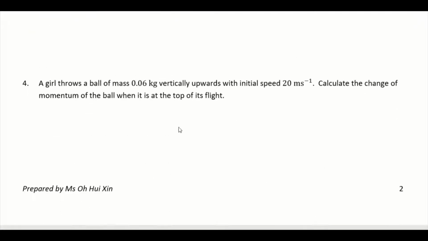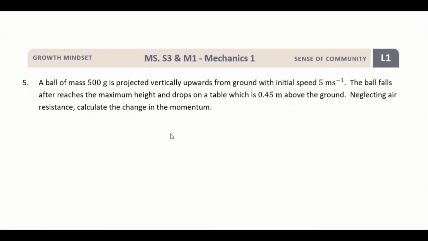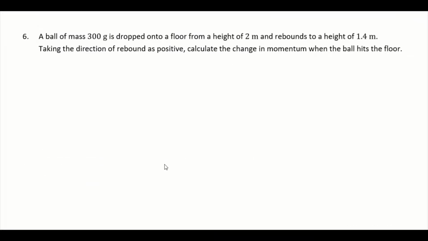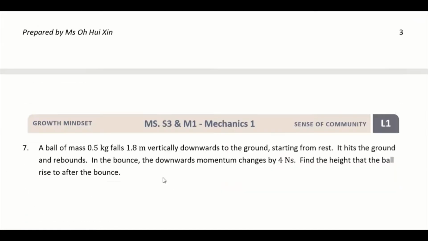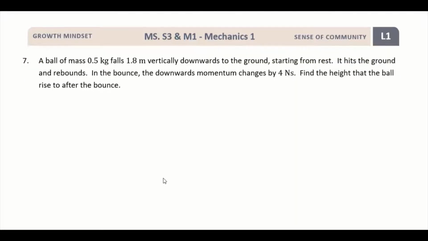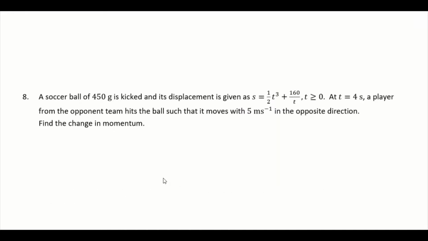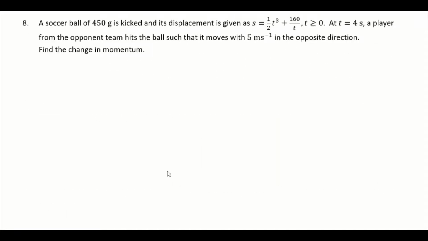Question 4 is about a bit of your kinematics, but you are not going to use any kinematics formula yet. Then 5, 6, 7 are about SUVAT and also momentum, so you're going to use your SUVAT formulae to help you solve some momentum questions. And number 8 is on variable acceleration. Okay, so let's start with the example.